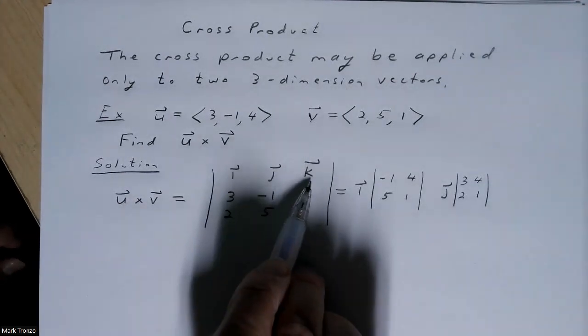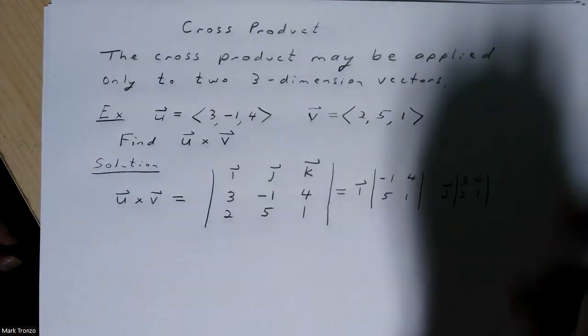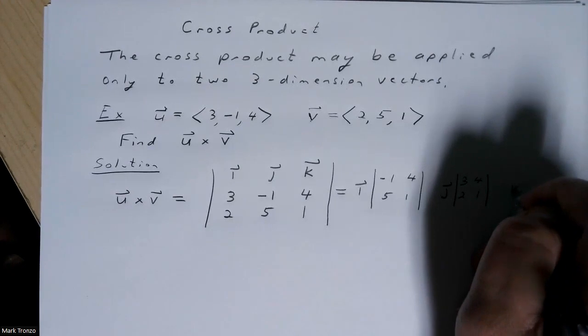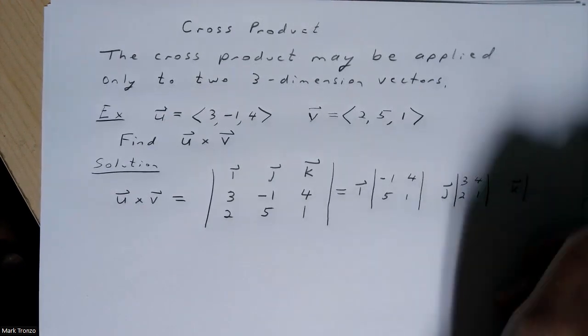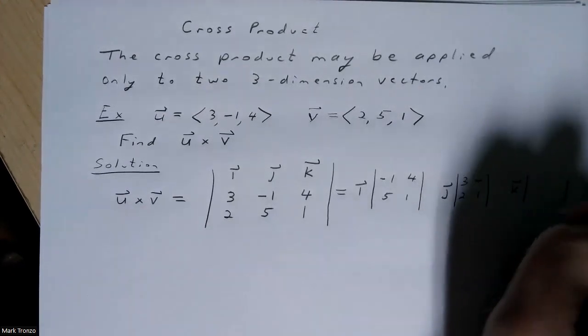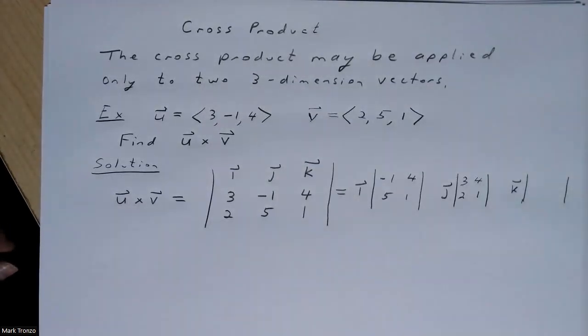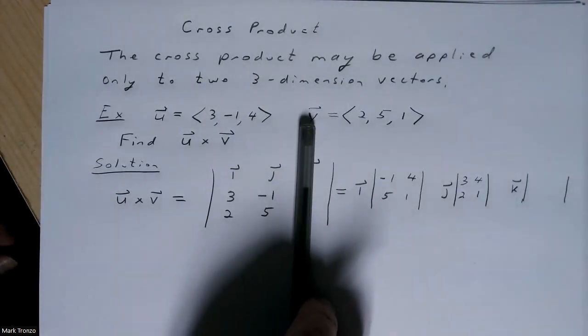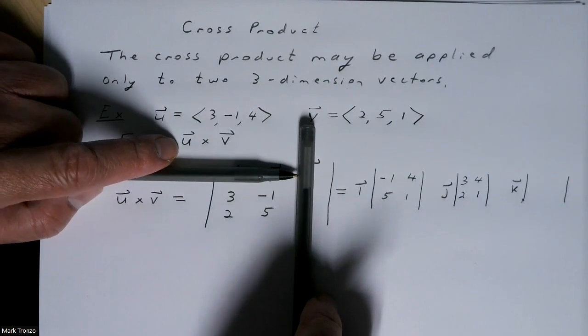Finally, go to the last entry in the first row, which gives us K, and cover up that column and that row.